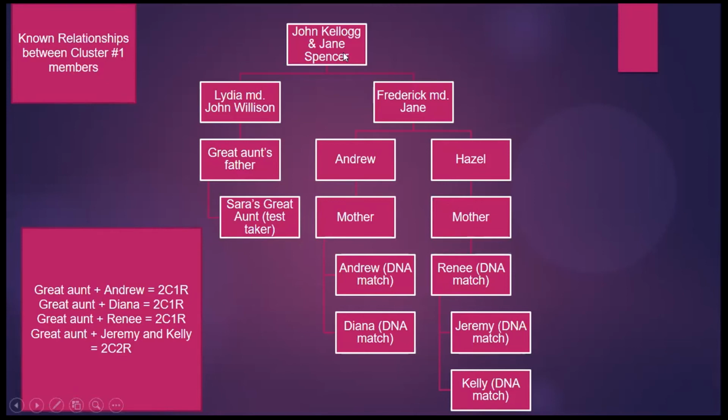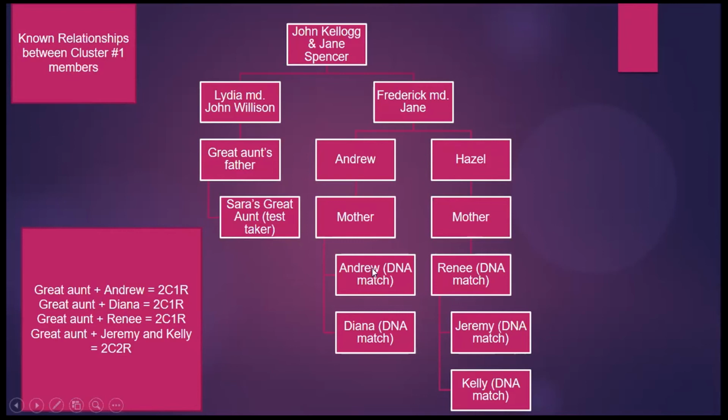We've got John Kellogg and Jane Spencer. And then you can see that they had at least 2 children. My line comes through Lydia, which goes to my great aunt's father, which goes to my great aunt, who is the test taker. And then the other child is Frederick, and he had at least 2 children, Andrew and Hazel.